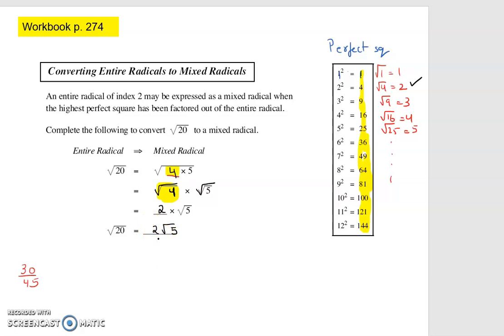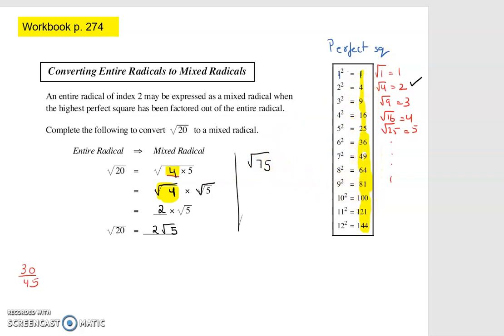Let's see if I can do another example here. I am going to do another one. So this is not in the book. So what if I have square root of 75? So the idea here is to split the 75, and I want that first number to be a perfect square root.